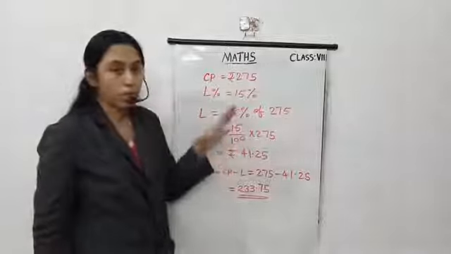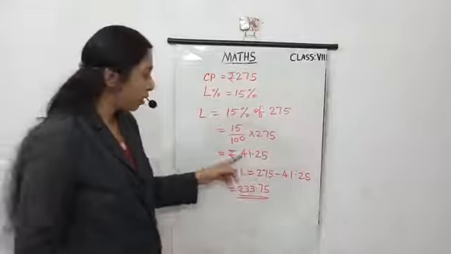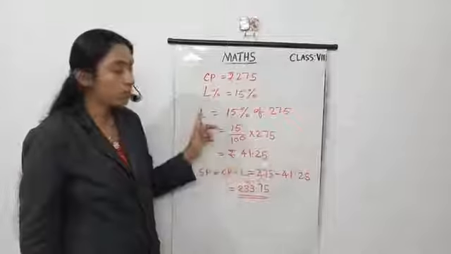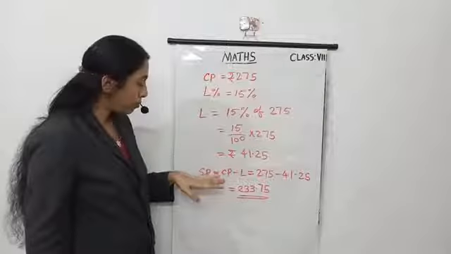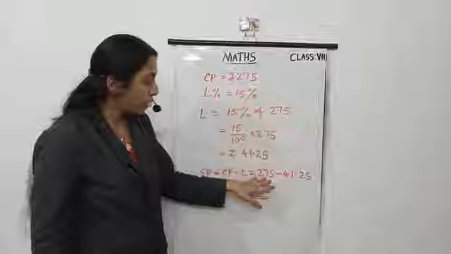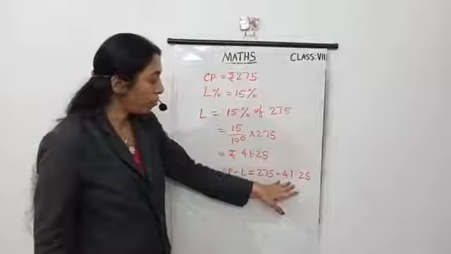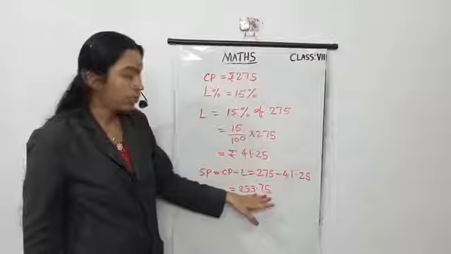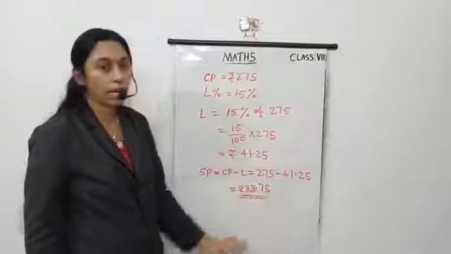Now calculate. Please pause this video and calculate. We get rupees 41.25 as the loss amount. Then subtract the loss amount from CP. 275 minus 41.25, we get 233.75. This is the selling price.